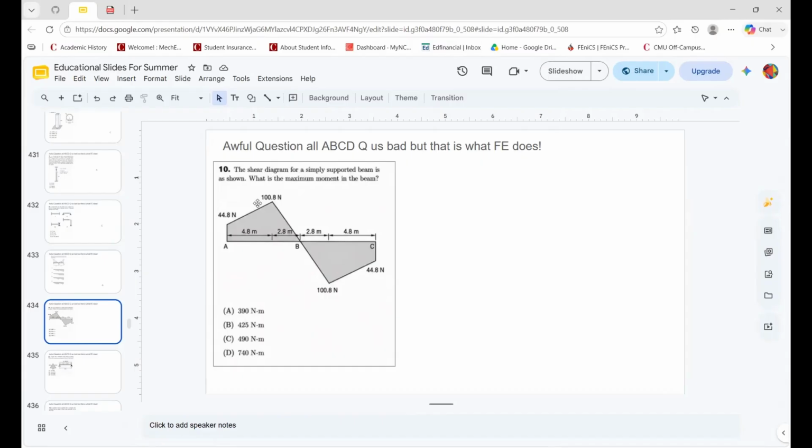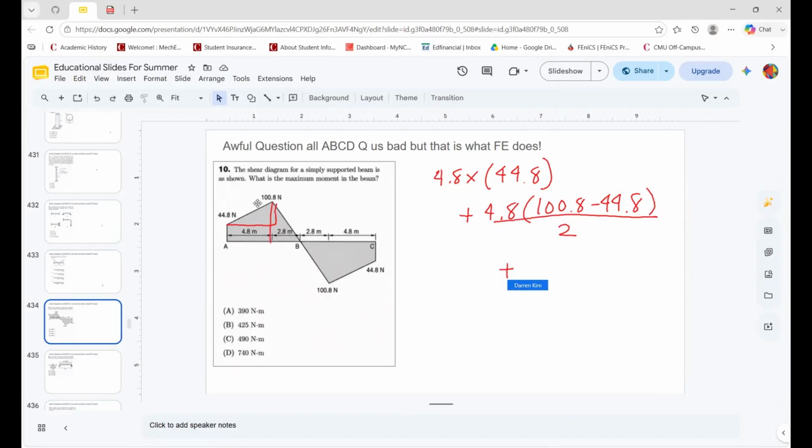So 4.8 multiplied by the height, multiplied by 44.8, plus 4.8 multiplied by parentheses 100.8 minus 44.8 divided by 2, plus 2.8 multiplied by parentheses 100.8 divided by 2. And that should give you the answer. So it's moment max.